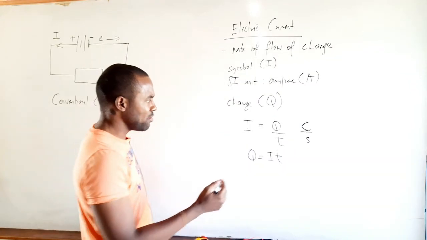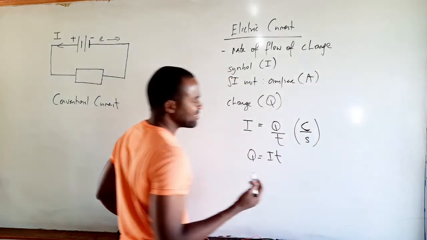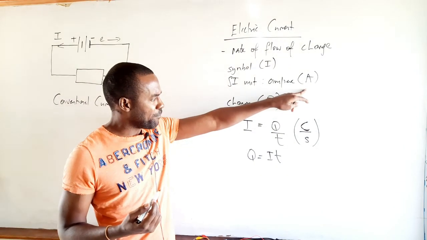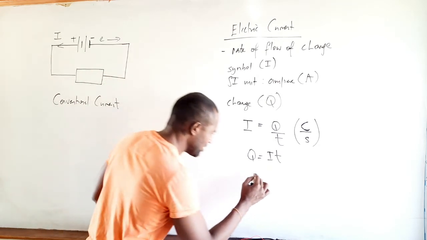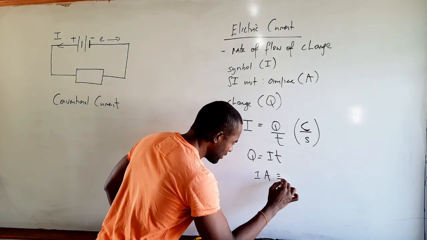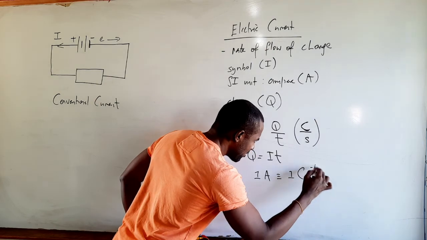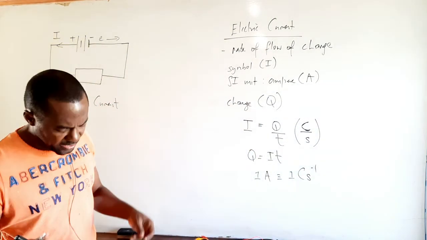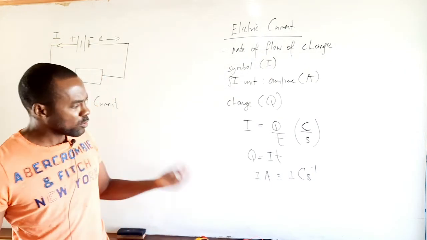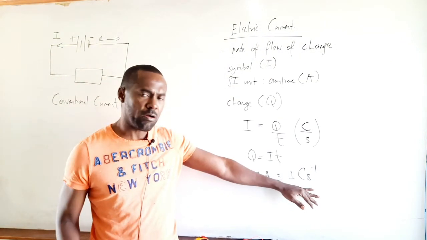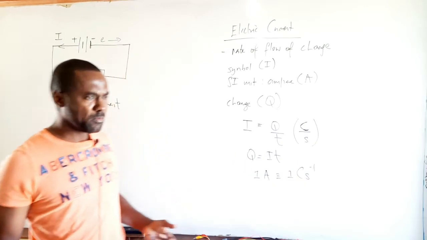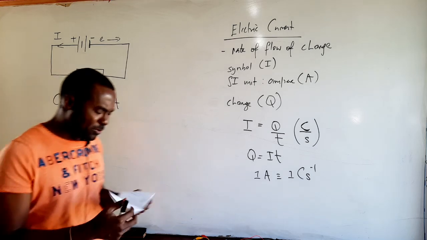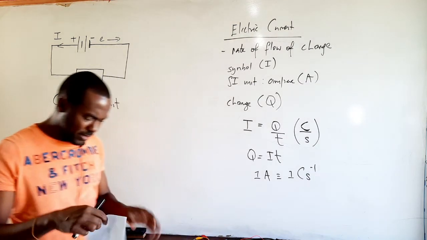So because the SI unit of charge is the coulomb and the SI unit of time is the second, if the SI unit of current is the ampere, then basically what this is saying is that 1 ampere is equivalent to 1 coulomb per second, right? So when I speak about a current of 1 ampere, what that basically means is that 1 coulomb of charge would flow for 1 second, right?